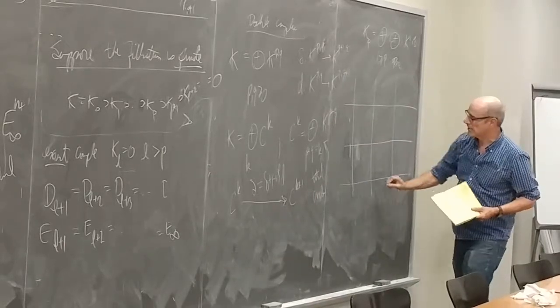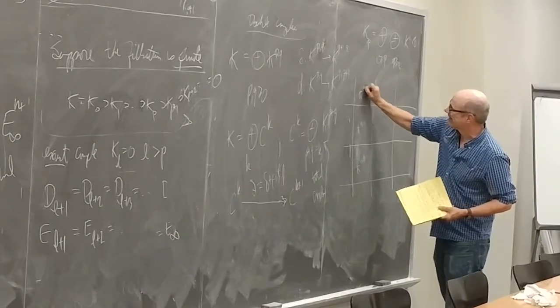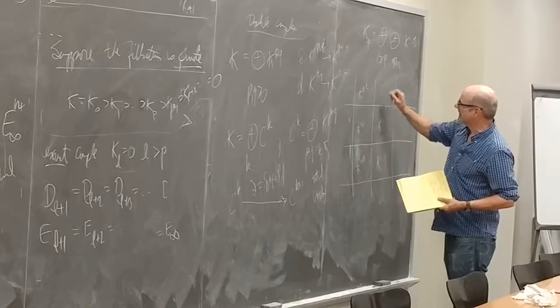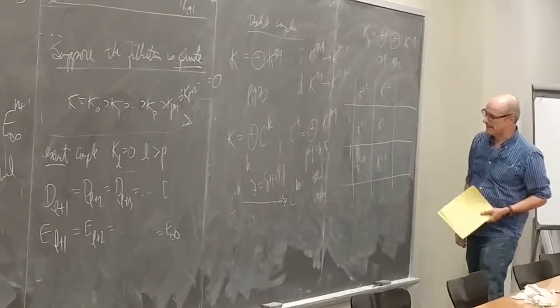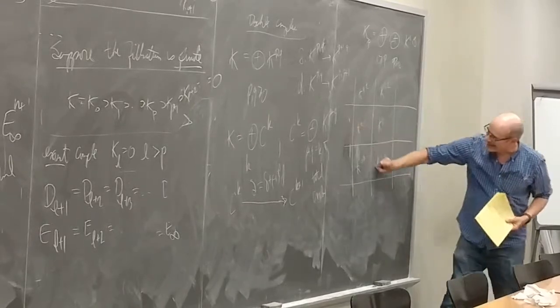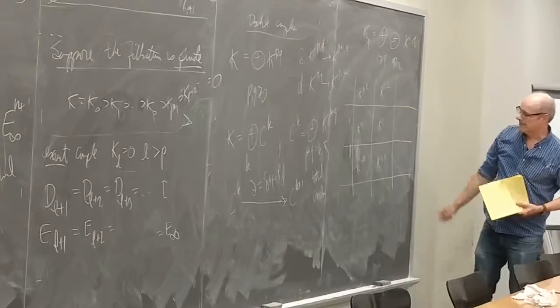All right, so here's our double complex, and here's K00, K01, K02, K10, K11, K12, etc. And then the total complex is given by these diagonals. So there's C0, there's C1, there's C2, etc.